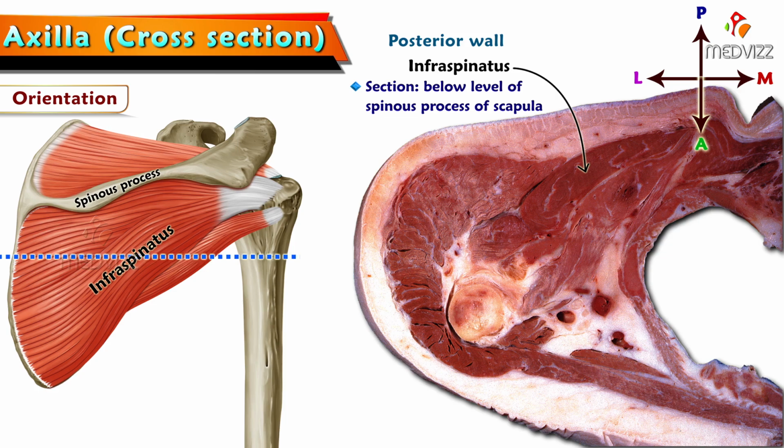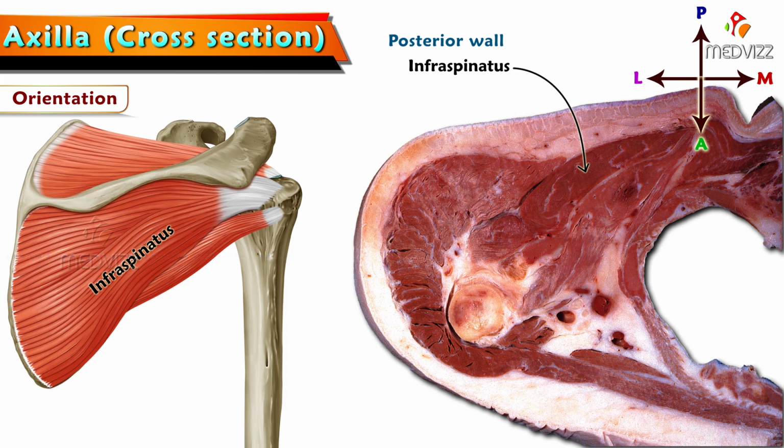So the muscle present on the dorsal side is infraspinatus. That's how we discriminate which muscle is present on the dorsal surface of the scapula. As this section is taken below the head of the humerus, that is, below the level of the spine of the scapula, we can confirm that the dorsal muscle is infraspinatus.